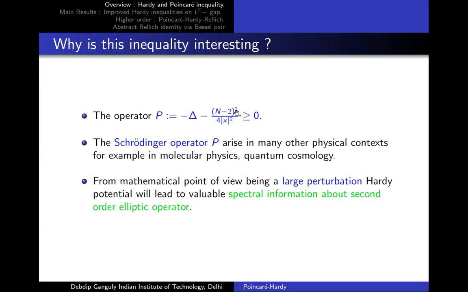This is a spectral theoretic term. It's always interesting to see what the spectrum of this operator is, what the essential spectrum is, and whether there is a gap between the spectrum and the essential spectrum.